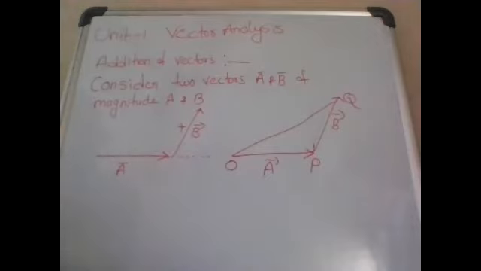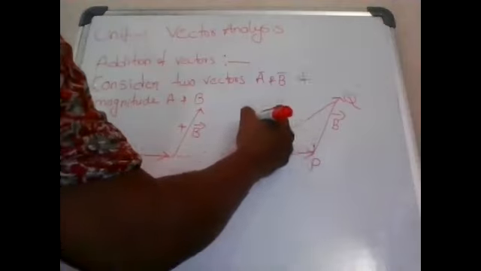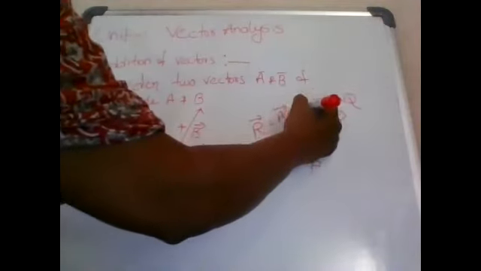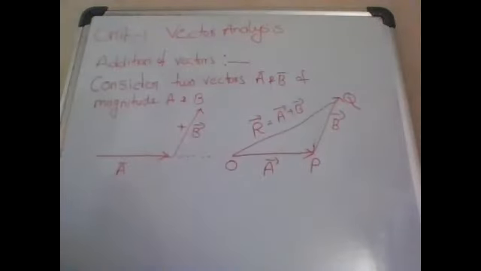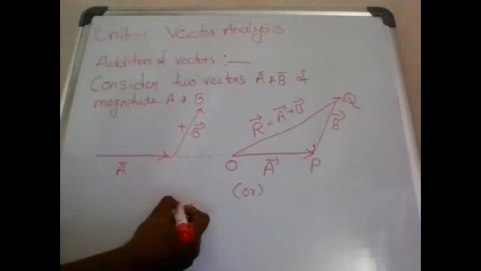It gives the resultant vector R bar equal to A bar plus B bar. This diagram we can also draw like this.